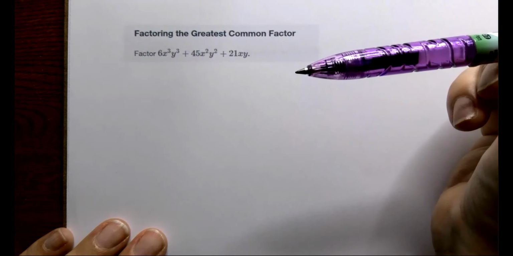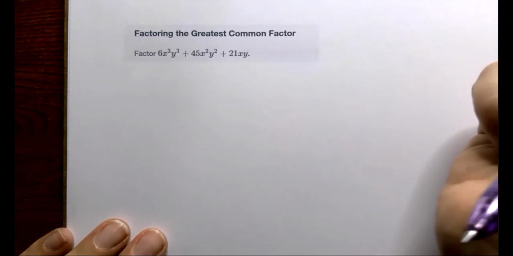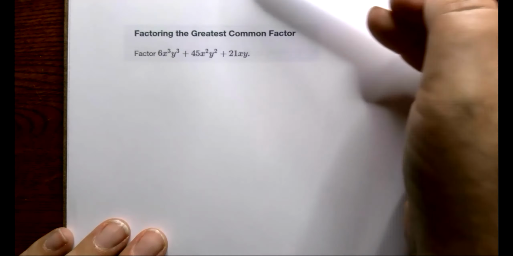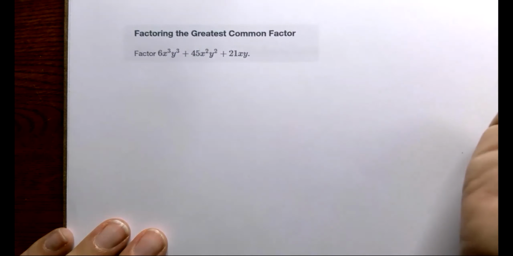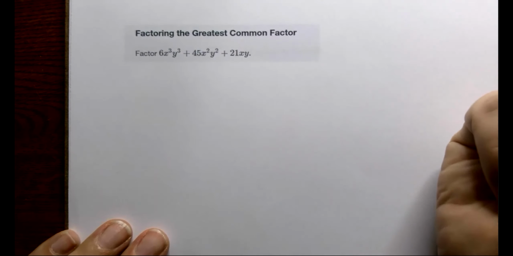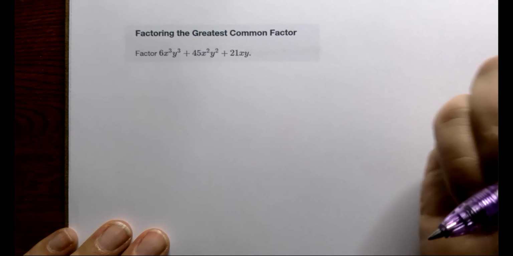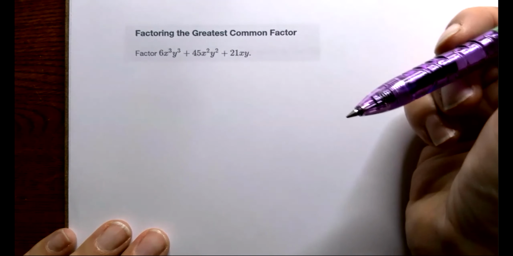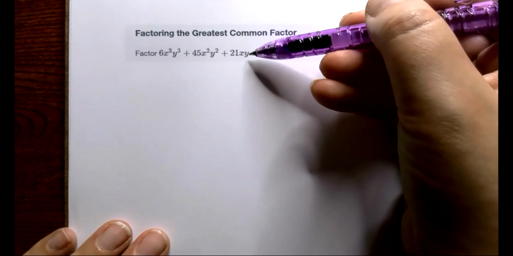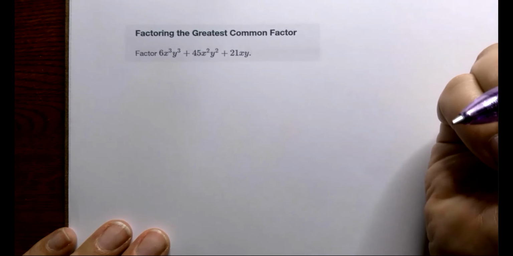So at least they have xy in common. And then when you look at 6, 45, and 21, they all have 3 in common. So you would pull out 3, and you would pull out x to the least degree, which is 1, and y to the least degree, which is 1.